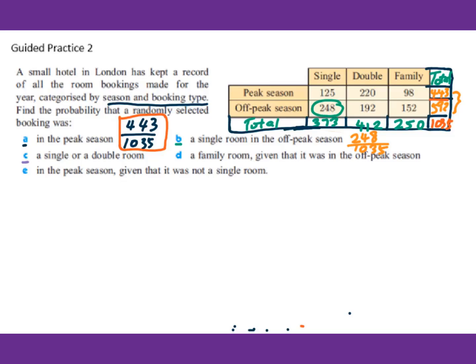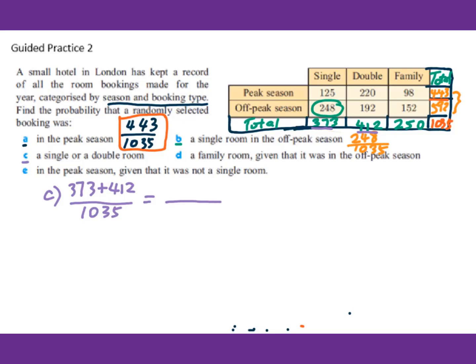Let's go to C. A single or a double room. Single or a double room, you need to add these two together. So for C, 1035 as denominator. Then you add 373, add 412.